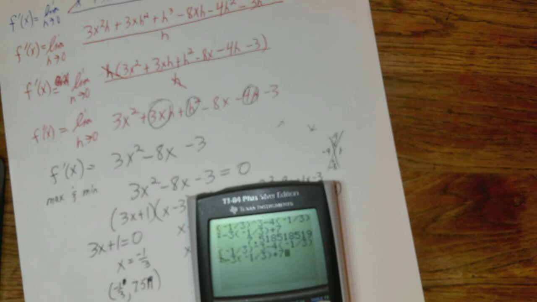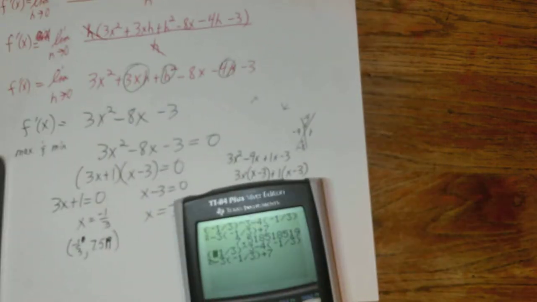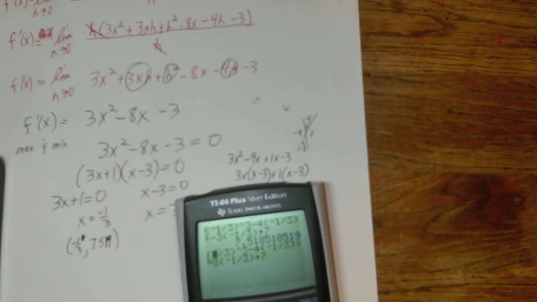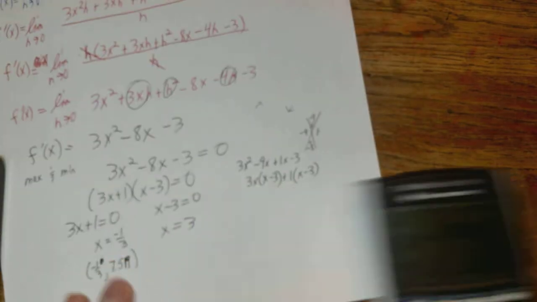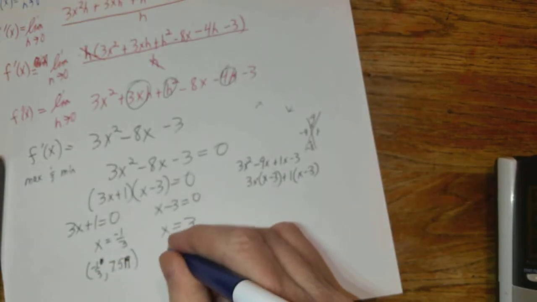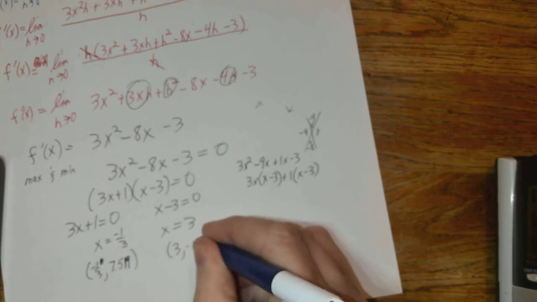If I take all the negative 1/3 out and put in, what do I want? Just 3. I get negative 11 here. So 3 and negative 11.